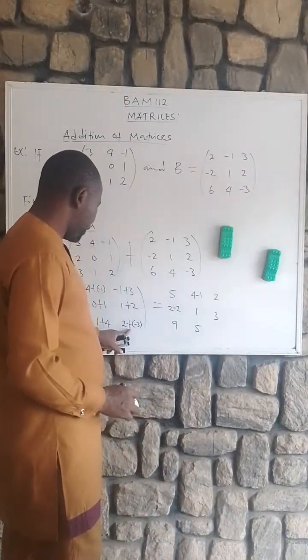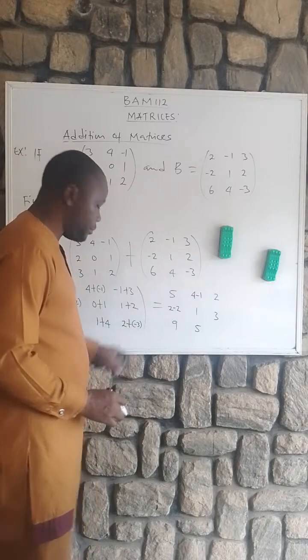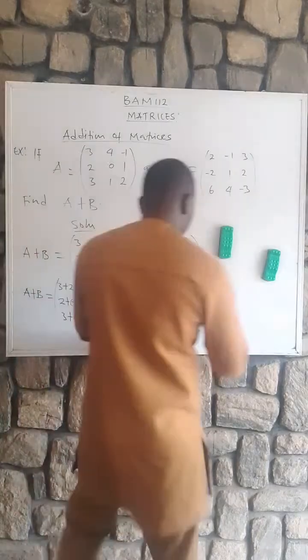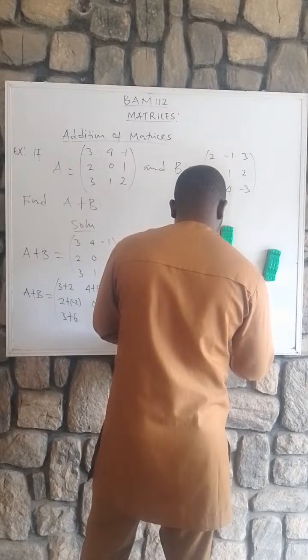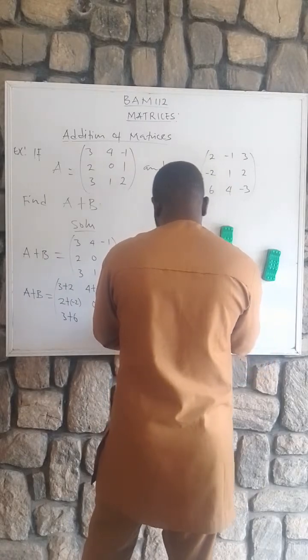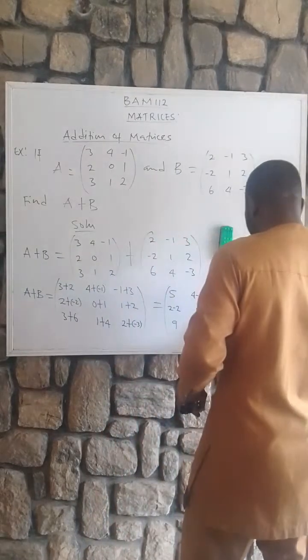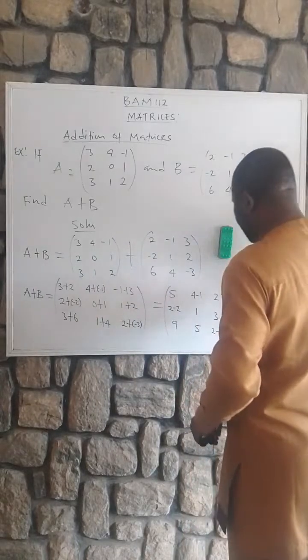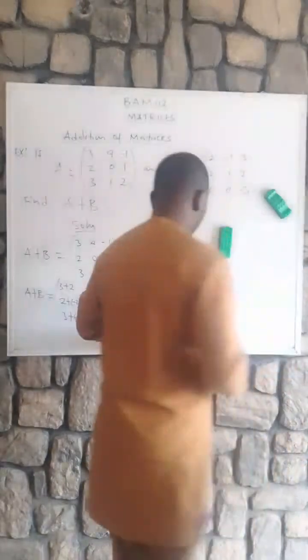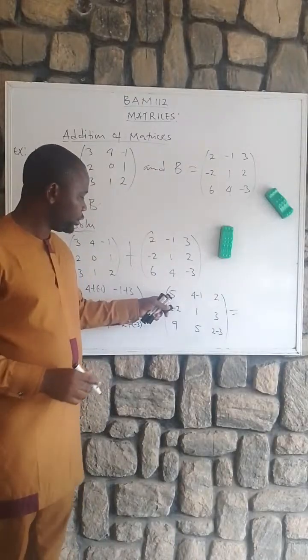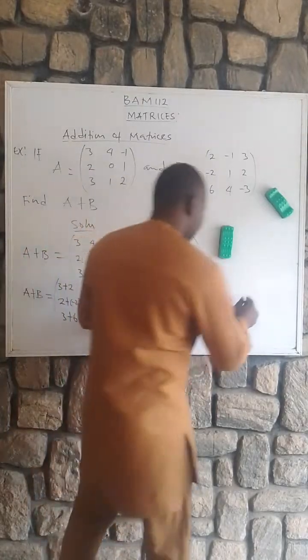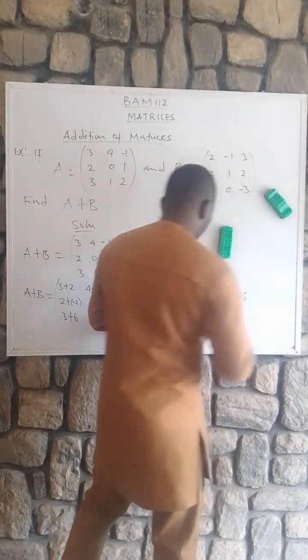Here we have plus, we have minus. So plus times minus is always minus. So here will be 2 minus 3. Then the final answer will now be equals to, look at it, 5, we write 5 here, 5.